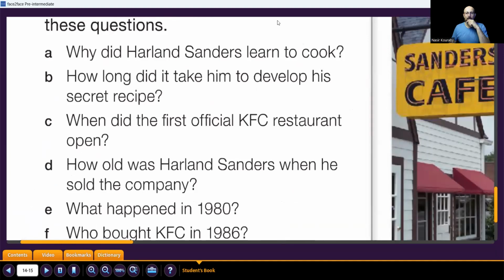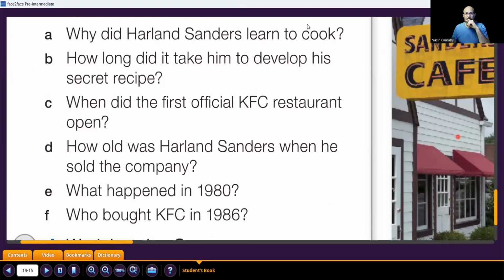When I want to write a question, I write question word, auxiliary, subject, infinitive. But here we don't have an auxiliary. So: question word, verb. Why? Because it's a subject question.